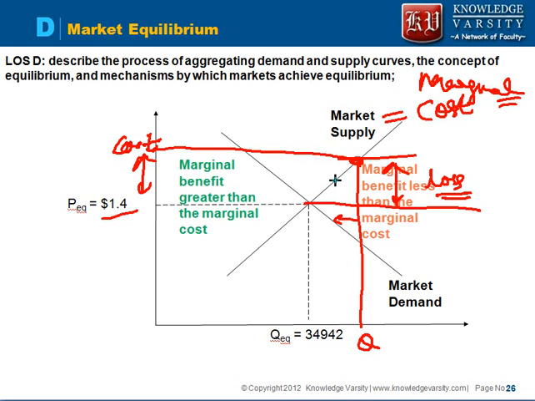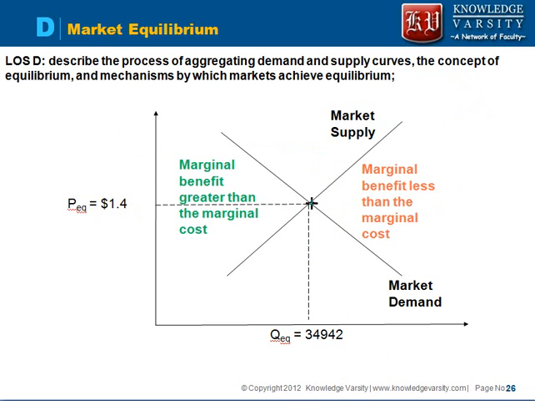You will try to reduce the quantity supplied. You will go over here. Your loss has decreased, but still there is a loss. You want to get your loss to zero. So equilibrium is a point where you have no profit, no loss on the margin, but you have got this entire thing as the benefit.